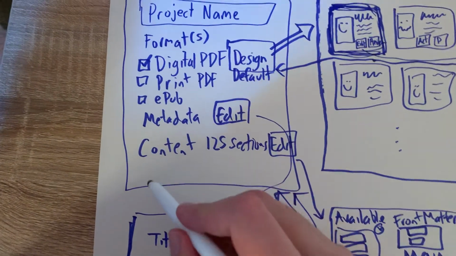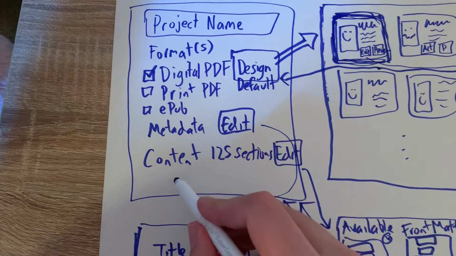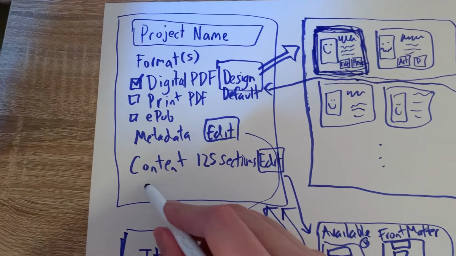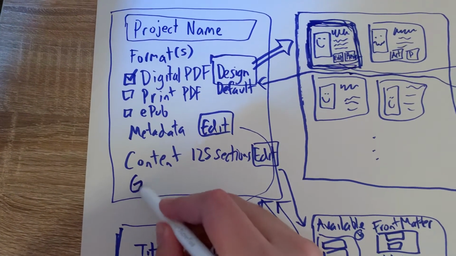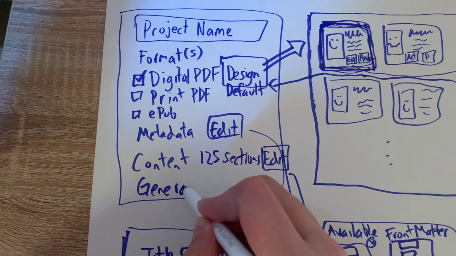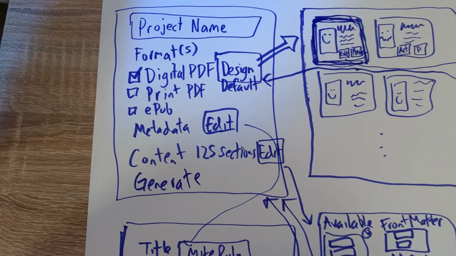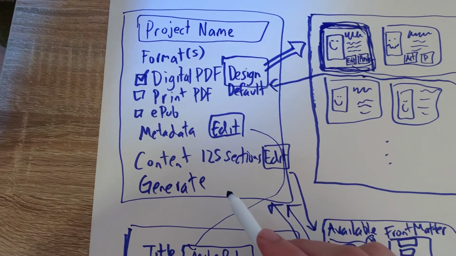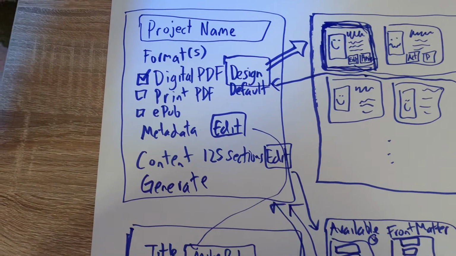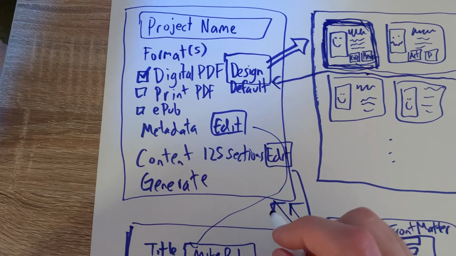And then at the bottom there'll be some sort of section for generate content. So this again might have some summary content. It might say last generated on such a date.